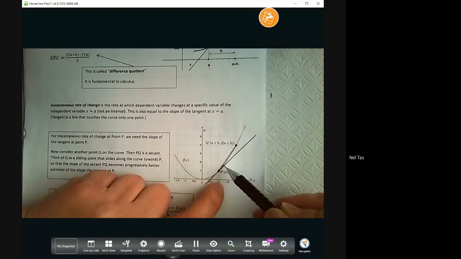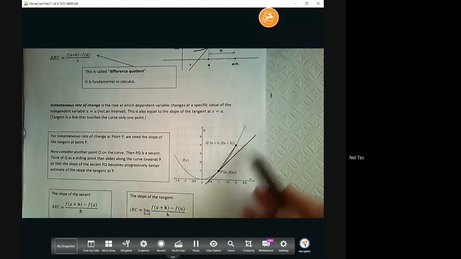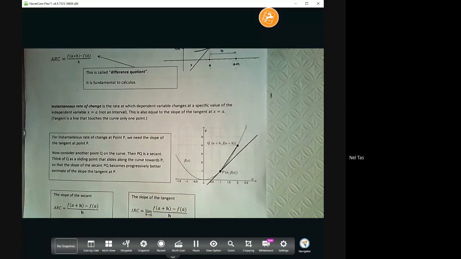How about if I make it very, very close? The slope of that little secant is very close to the slope of the tangent. If you make Q very close to P, it's going to be a very good estimation for the slope of the tangent.